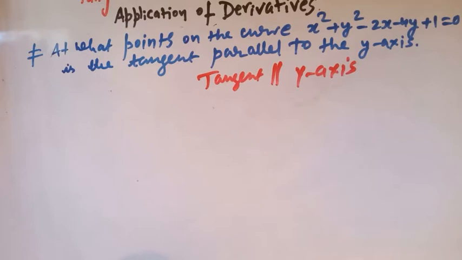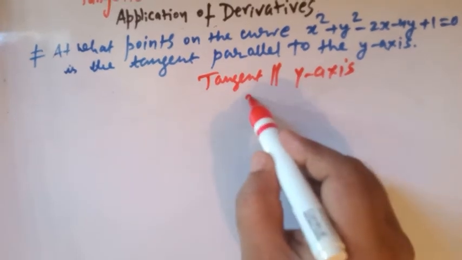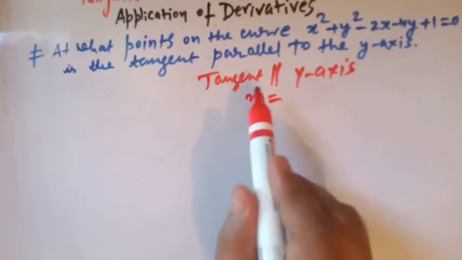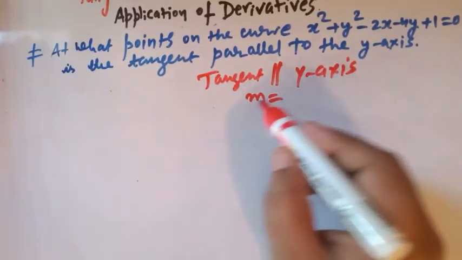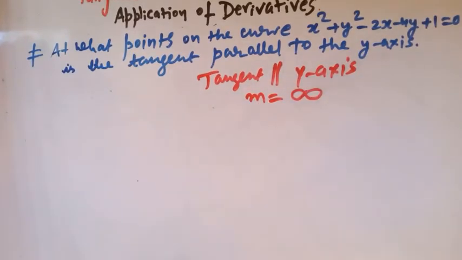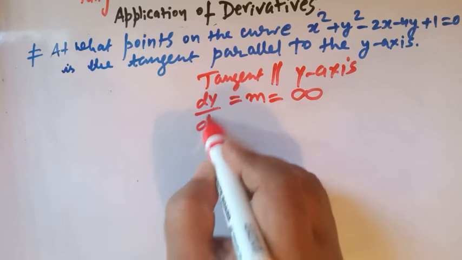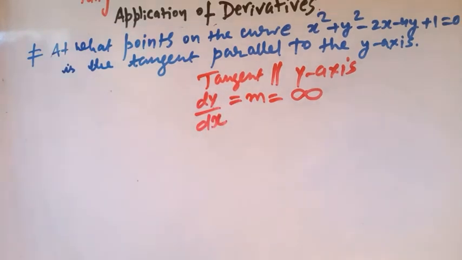So the slope of this tangent is not defined, or we can take the slope to be infinity. Clear? Now the slope is the first derivative of y with respect to x.